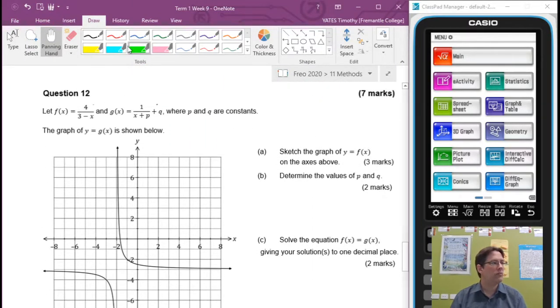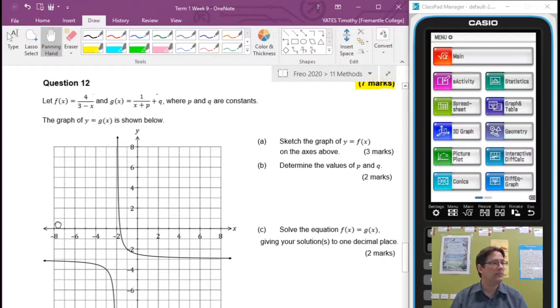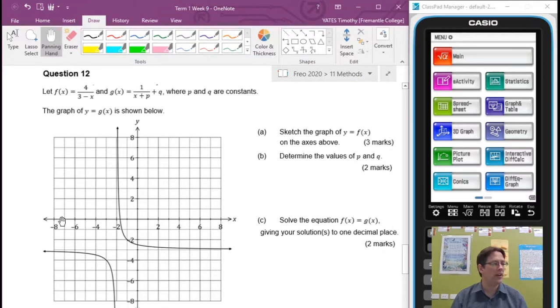Next up, this one is worth 7 marks, so that's going to be quite a few marks for this one. It is a fairly complex one. Give it a shot yourself before we get started and I give you the answers. And let's go. So we've got two graphs. f of x equals 4 over 3 take x.